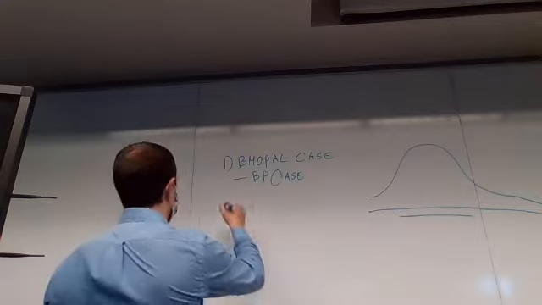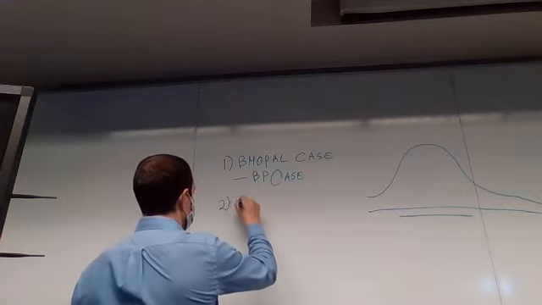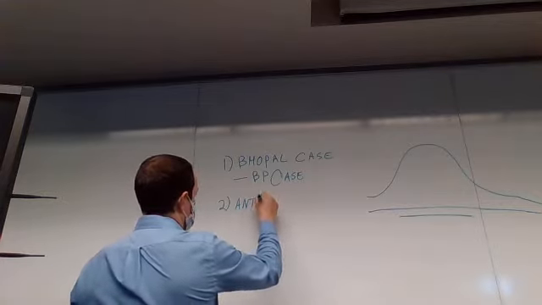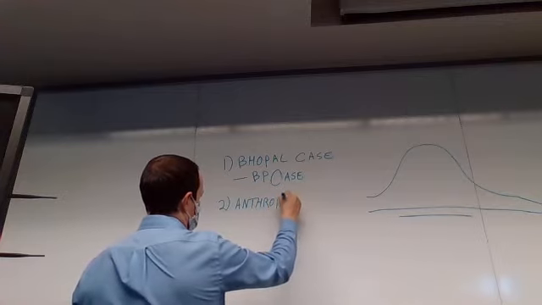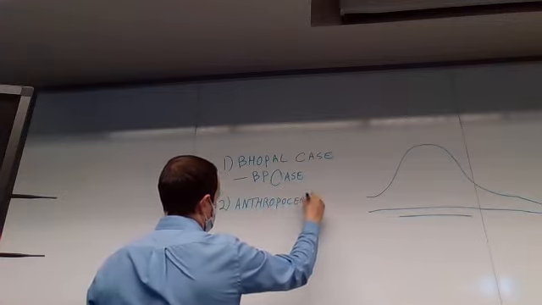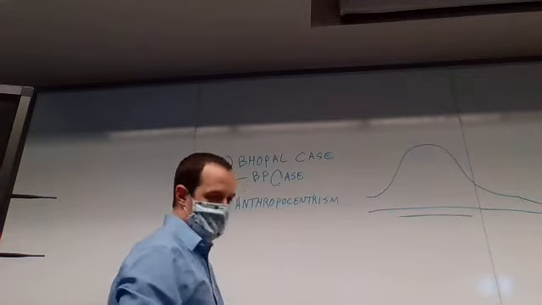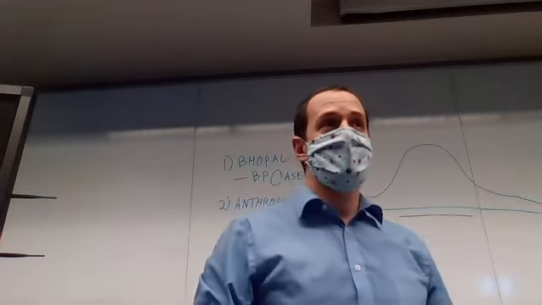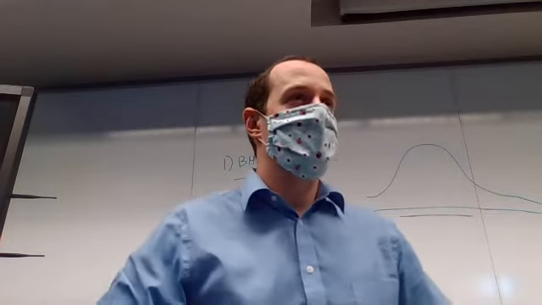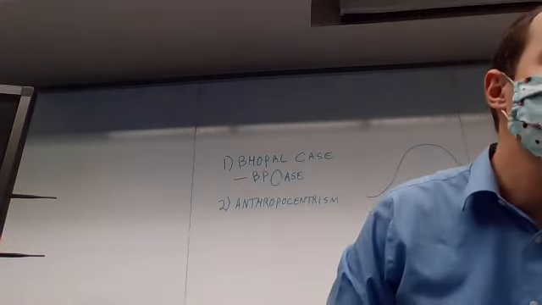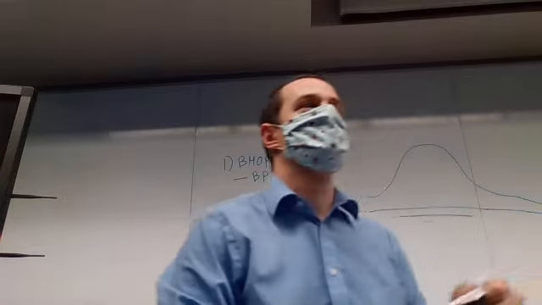I want to talk first about anthropocentrism. Anthropocentrism simply is what it sounds like. It is the view of the environment that takes humans to be the center of things.